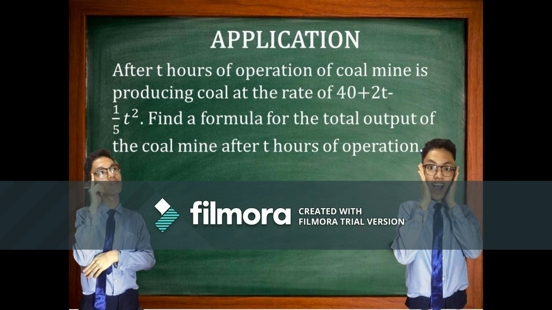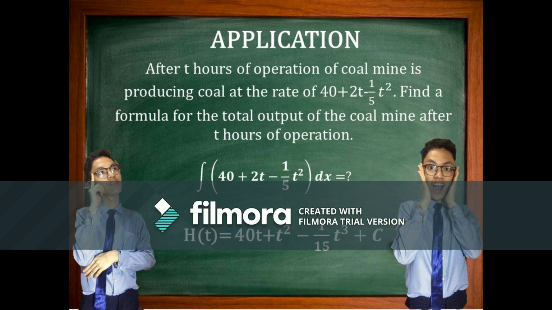Given the function 4t plus 2t minus 1 over 5t squared, find its antiderivative. We just simply apply the formula.